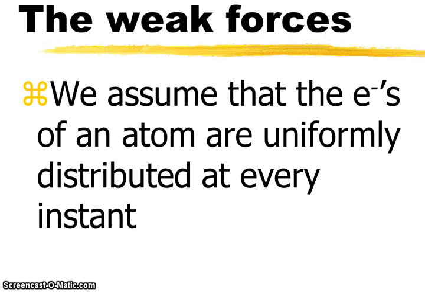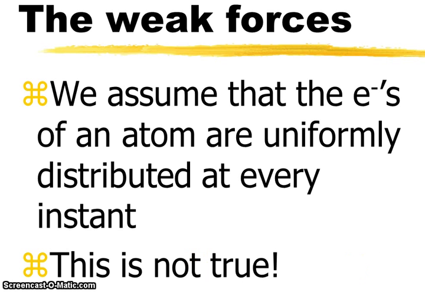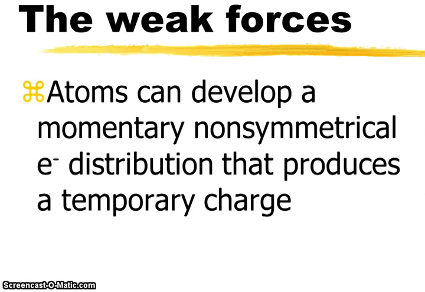So we can assume that the electrons in atoms are uniformly distributed at every instant, but that's really not true. At any given instance in time, the electrons may be unevenly distributed within an atom. So atoms can develop a momentary non-symmetrical electron distribution, and what that would produce is a temporary polarity within that atom.